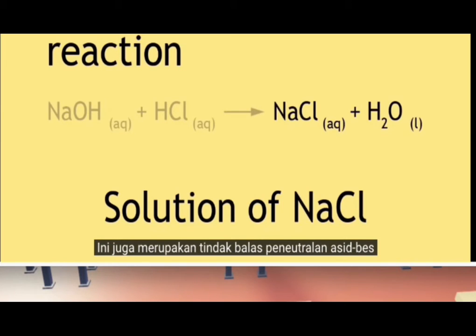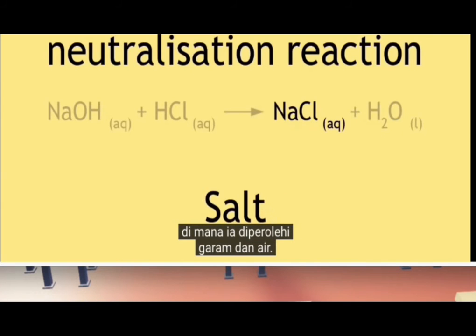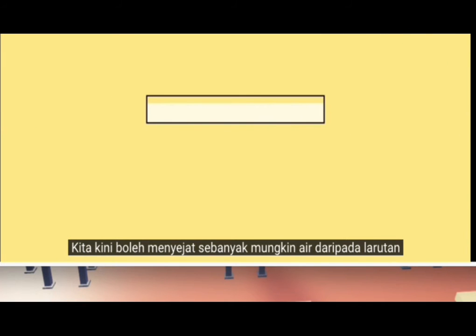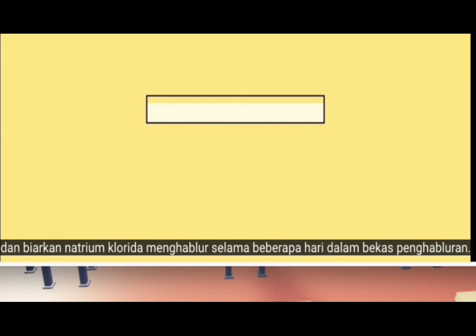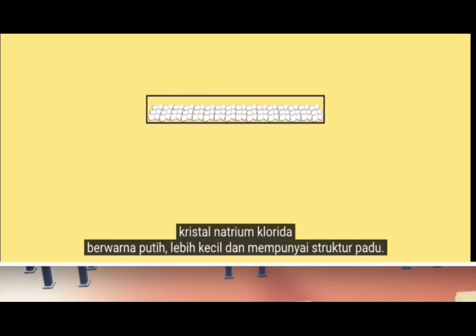This is also an acid-base neutralization reaction, yielding a salt and water. Now, we can evaporate as much water as possible and let sodium chloride crystallize over the next few days in a crystallizing dish. Unlike the copper 2 sulfate crystals, sodium chloride crystals are white, smaller, and have a cubic-like structure.